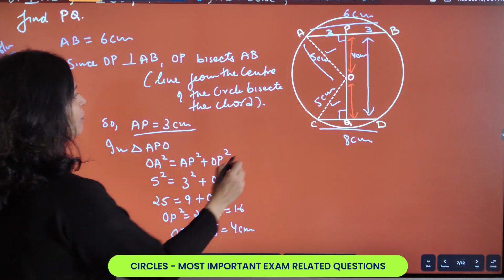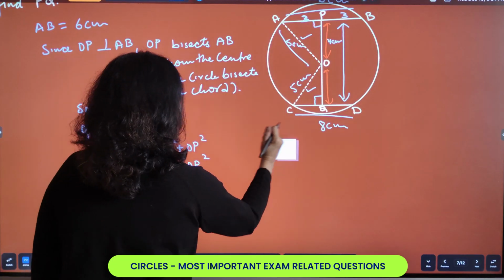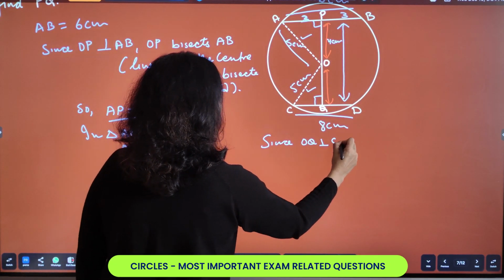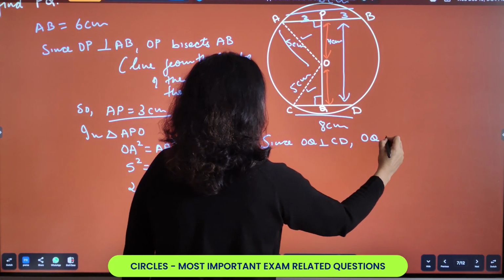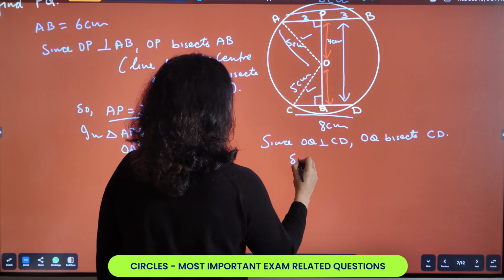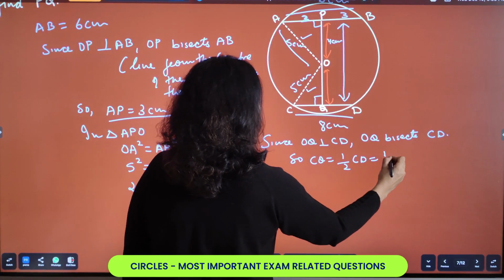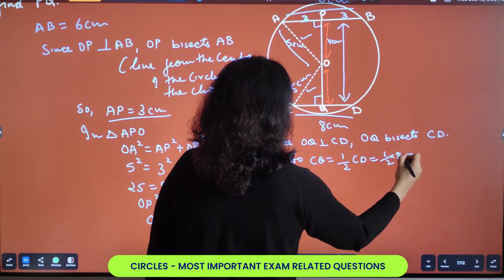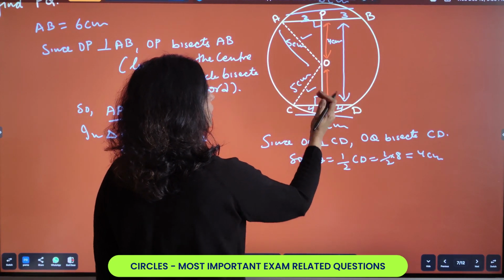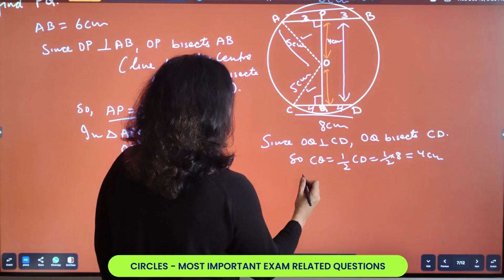Similarly, we will follow the same thing here. Since OQ is perpendicular to CD, OQ bisects CD. So CQ will be half of CD, that is half of 8, that is 4 centimeter. So we get here 4 and this also will be 4. Now we take this triangle QOC and use the Pythagoras theorem.